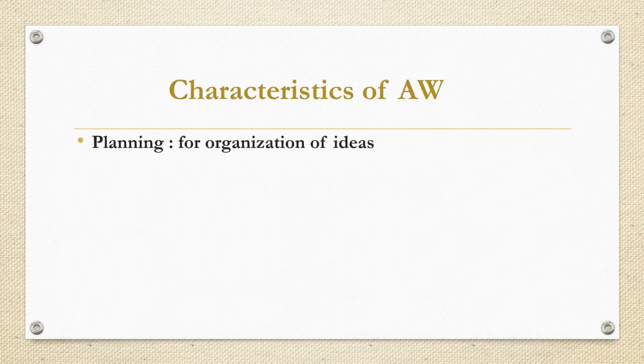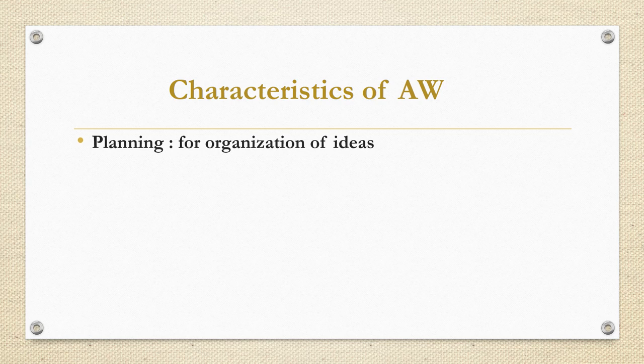Now, the characteristics of academic writing I'm going to discuss. Now, you have the definition of academic writing, but you should remember a few characteristics of academic writing. Now, what is planning? Whenever we have to write something for which we are being evaluated or monitored, or graded, for that there is a certain amount of planning before we start writing it.